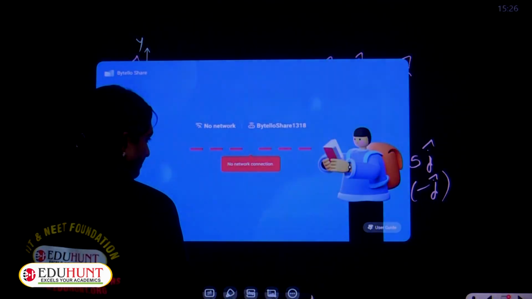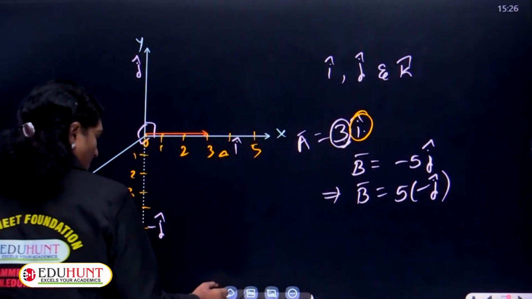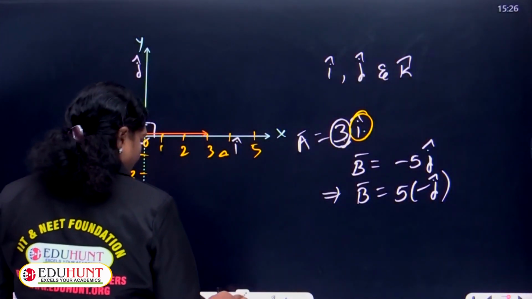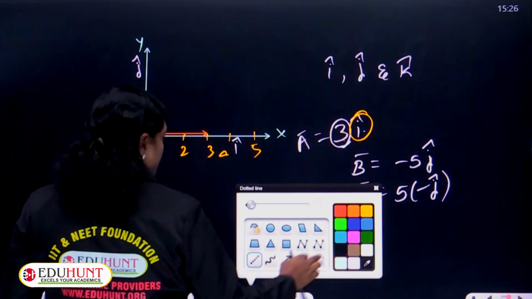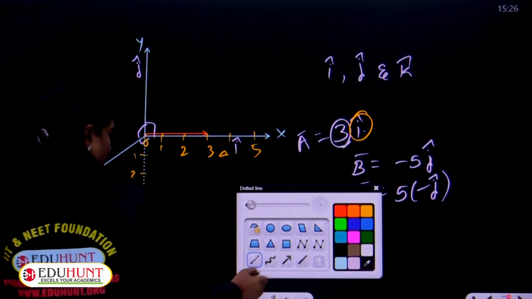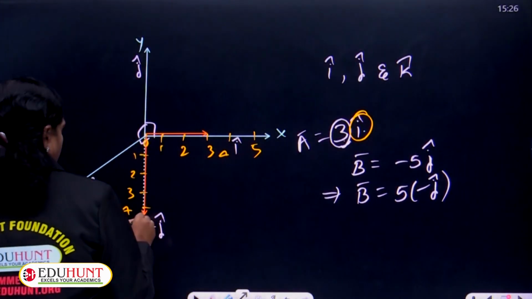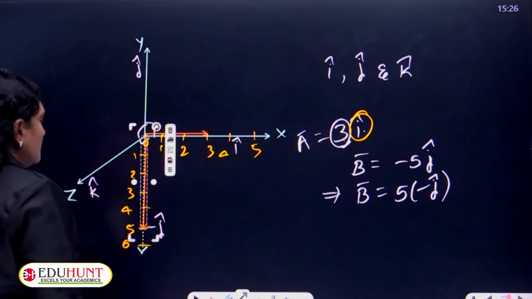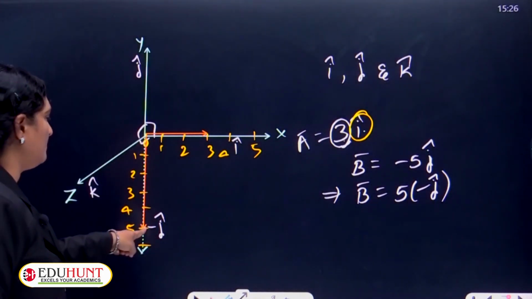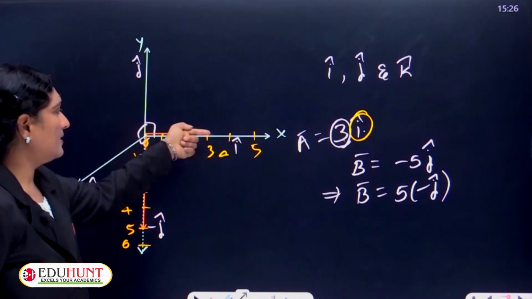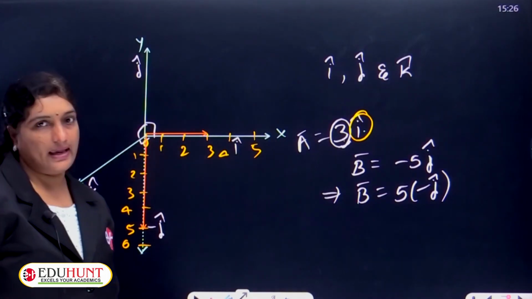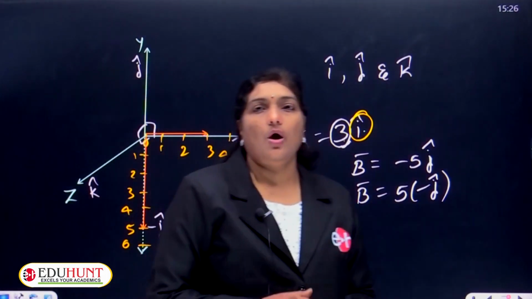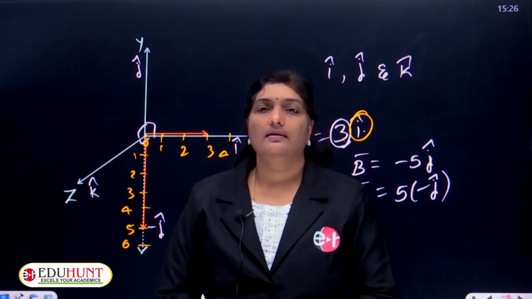So the vector must be something like this. This indicates your minus 5 j cap and this indicates your 3 i cap. This is how orthogonal unit vectors are represented.